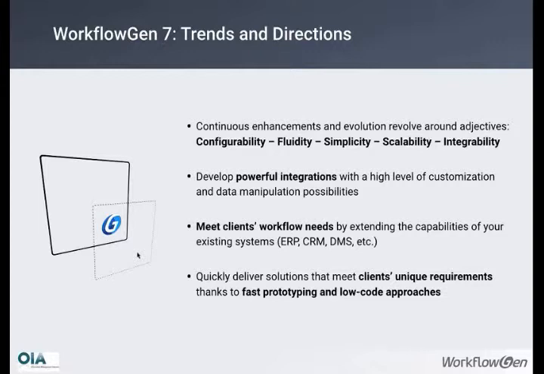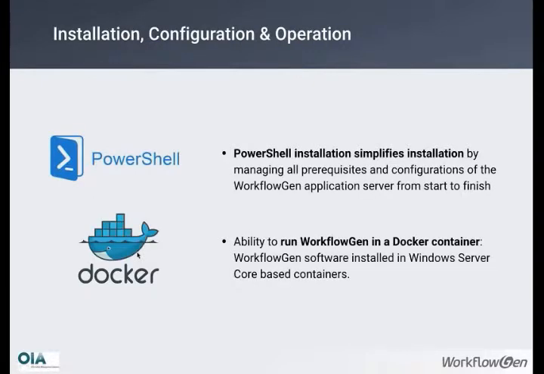Today, our clients want to streamline and optimize processes, but they also want to seamlessly integrate into the existing applications, and to quickly benefit their internal and external clients with fast prototyping and low-code approaches.